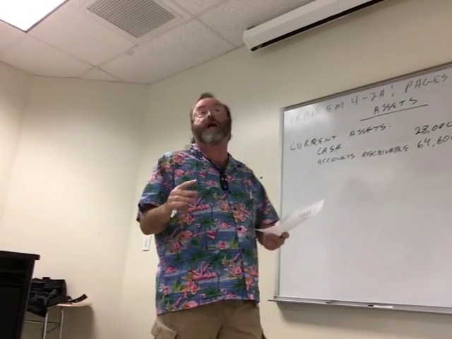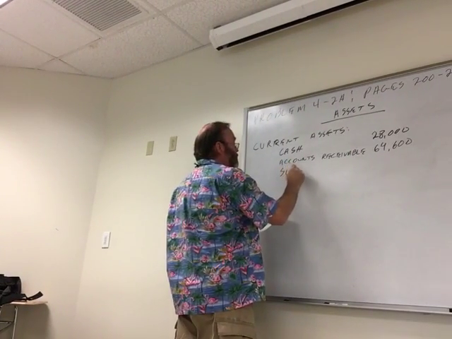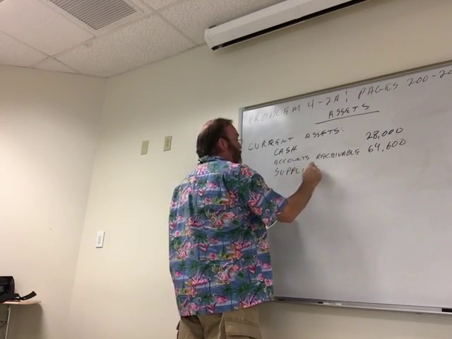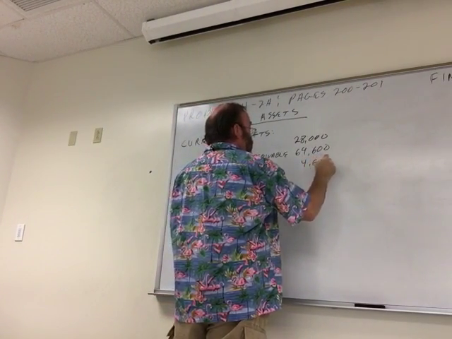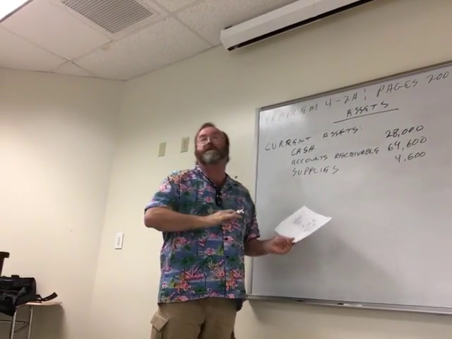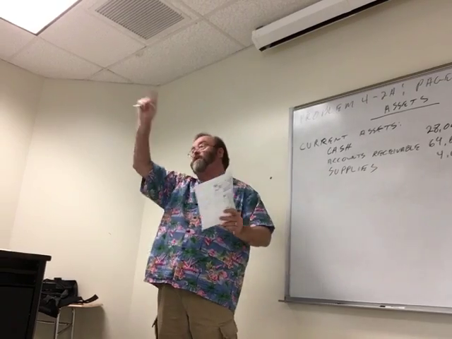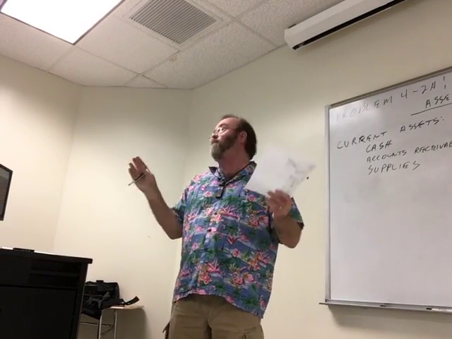So what are they going to use up? Well, they're going to use up their supplies. They have $4,600 of supplies. This is after adjustments. So they've already gone in and counted everything they've got in their supplies cabinet and determined how much they used in supplies.